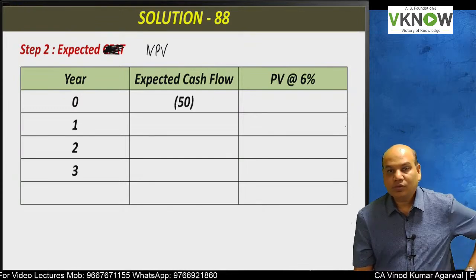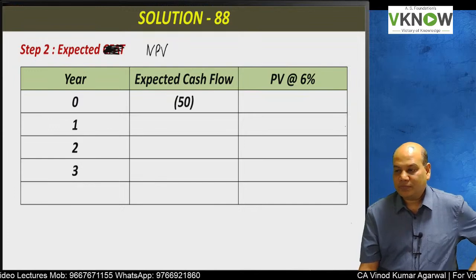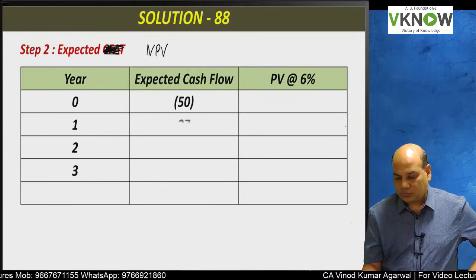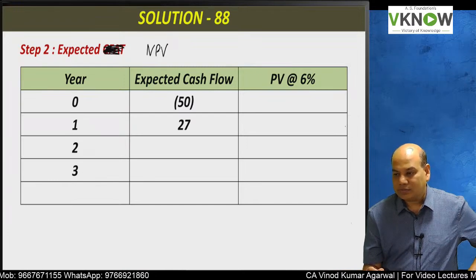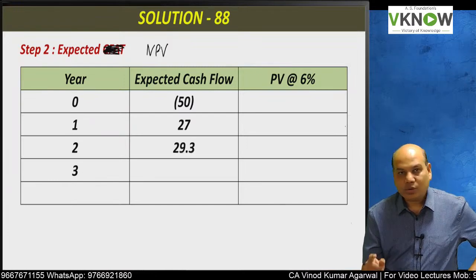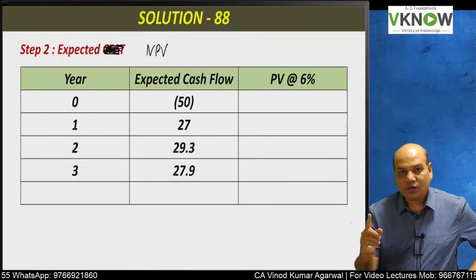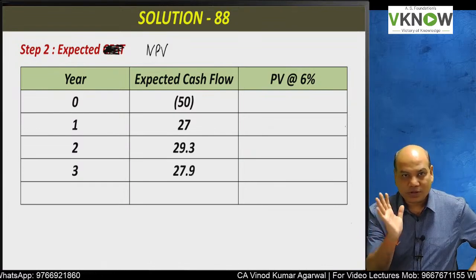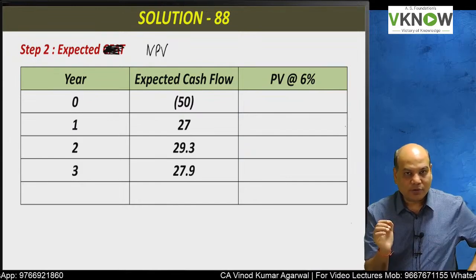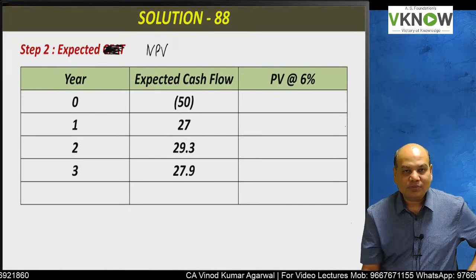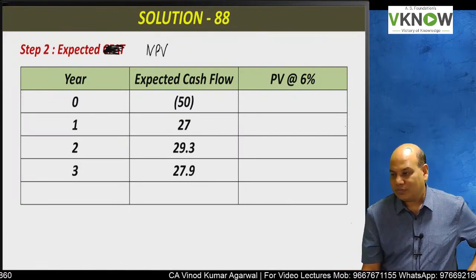Expected cash flow 50 for year 0, year 1 27, year 2 29.3, year 3 27.9. This is from the previous table. Now I'll wait for you. In the next 30 seconds you have to answer me the NPV.